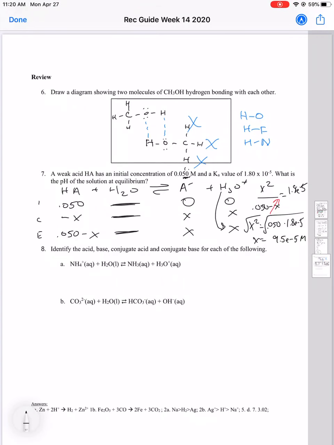We're interested in the pH, and we know that the concentration of H3O plus is equal to 10 to the negative pH, so we can take the negative log of both sides to get the pH.